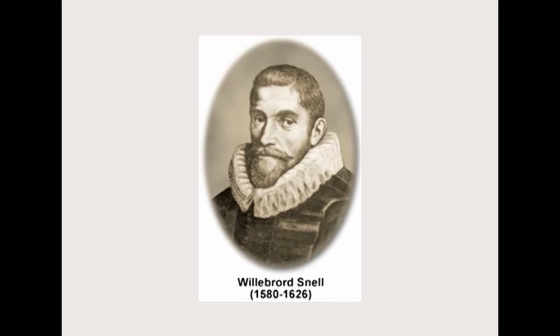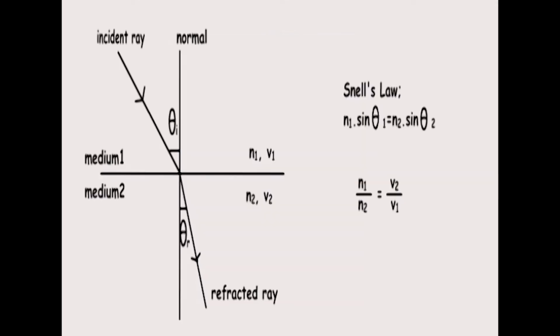The law of refraction, credited to Willebrord Snell, states that the ratio of the sine of the angle of incidence and refraction is equivalent to the ratio of the phase velocities in two media, or equivalent to the reciprocal of the ratio of the indices of refraction.